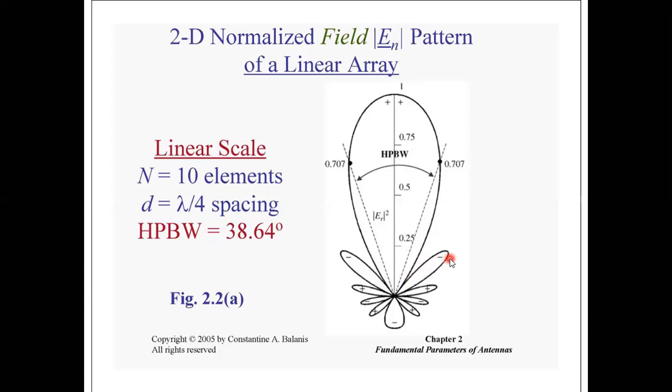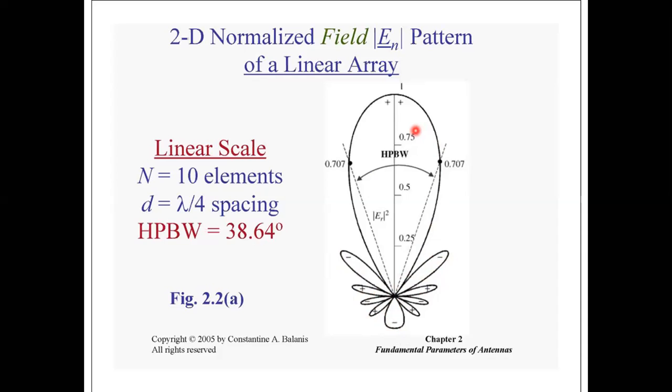Similarly, there are some minor lobes also, and this is called the back lobe. Along with the main lobe, we have side lobes. What we need to check is that the main lobe radiation is maximum.